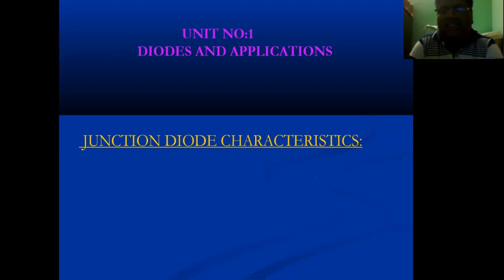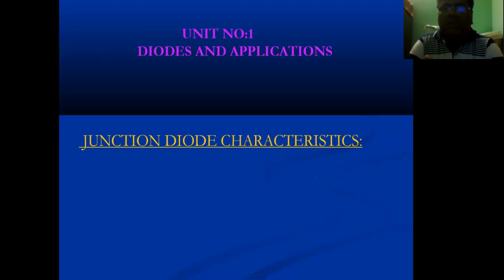what is a junction? Junction is a general word. Whenever two or more points join at a point, that point is called a junction.